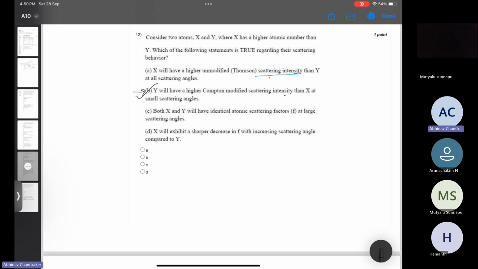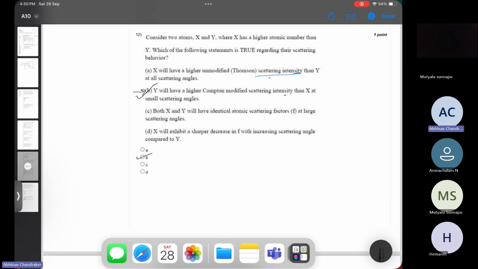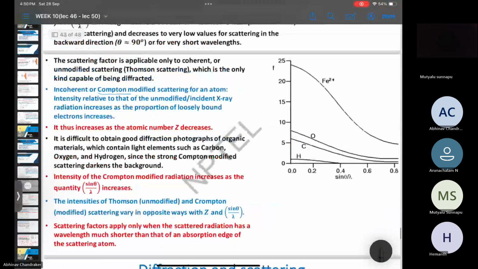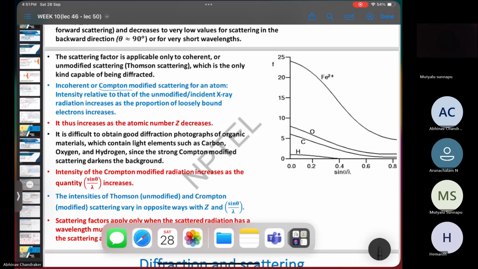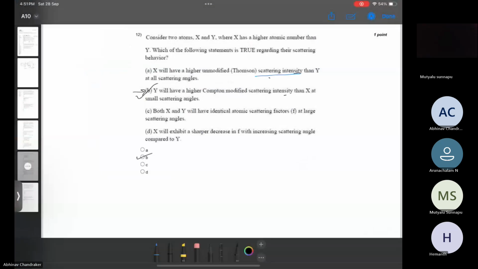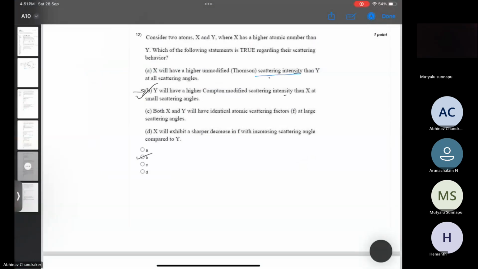So I think the answer should be B. Let's just go to this part in the slides. Yeah, the answer will be B.